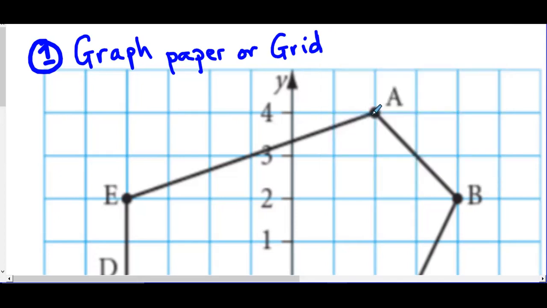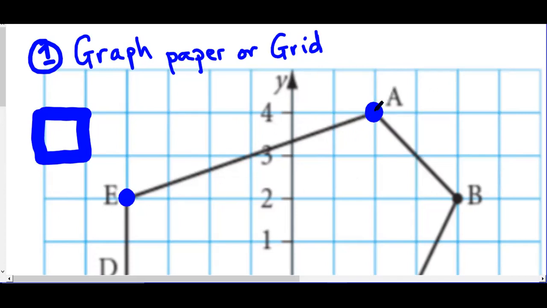You have to count as you move from point A to point E, how many squares? When I say squares, I mean these boxes on the graph paper. So as you move from A to E, how many boxes of the graph paper are you cutting through?